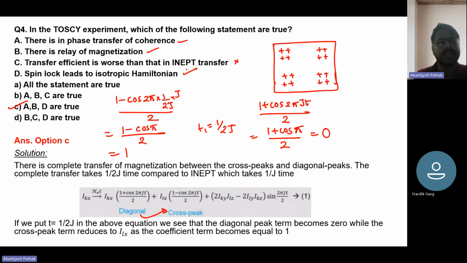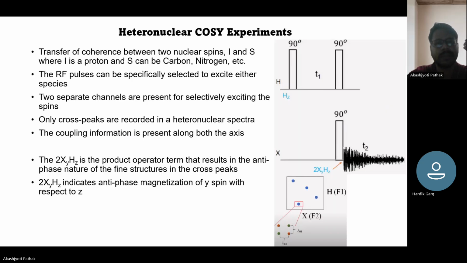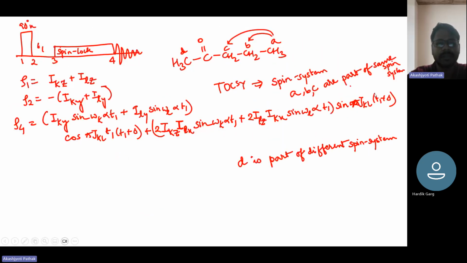So this means that the transfer efficiency is better for a TOCSY experiment as compared to an INEPT experiment, because for a TOCSY experiment the transfer time is 1 by 2J, and for an INEPT experiment it is 1 by J. So did you understand all these points clearly?